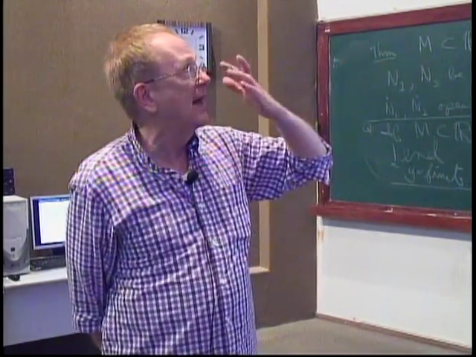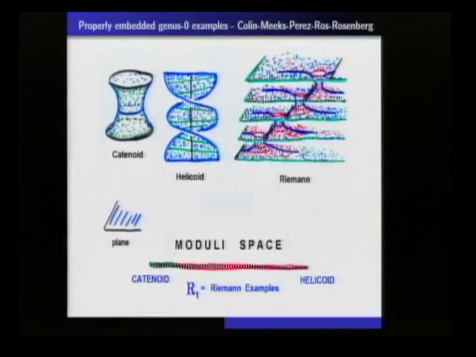Okay, so properly embedded. Embedded means it doesn't intersect itself. So we have these sort of examples. You have the catenoid, you have the helicoid, of course you have the plane, which is not very interesting, and you have the Riemann examples, and the theorem says that this is the entire moduli space of genus 0 examples.